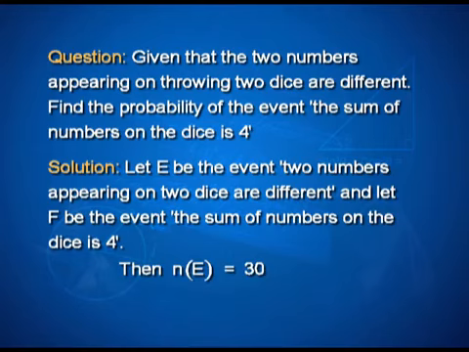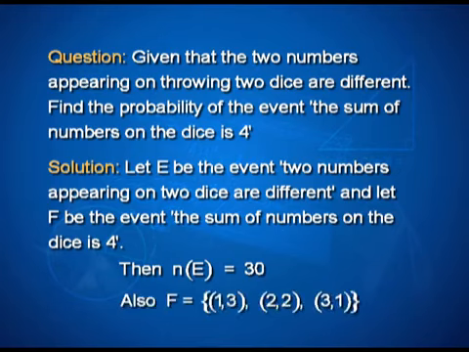F, as I represent in the roster form, sum of numbers on dice is 4. There are only 3 possible outcomes. Out of these 3, how many would happen if E is known to have occurred? Obviously, just 2: (1,3) and (3,1).